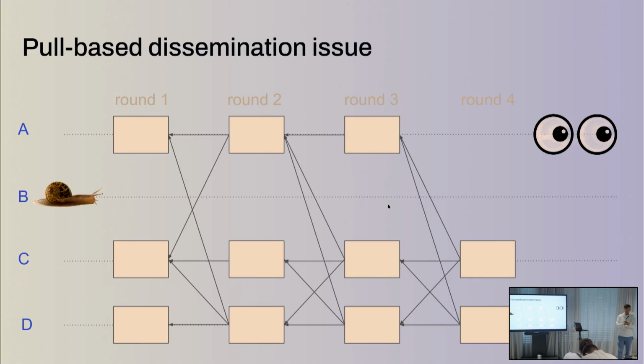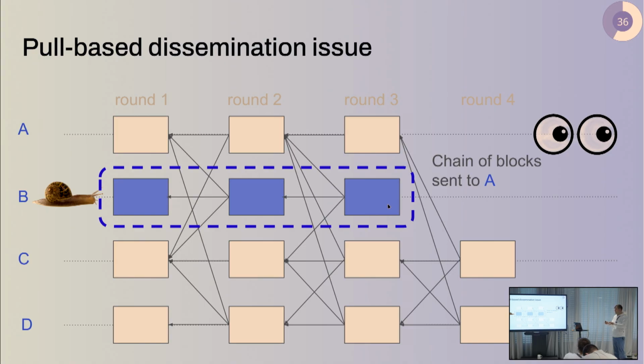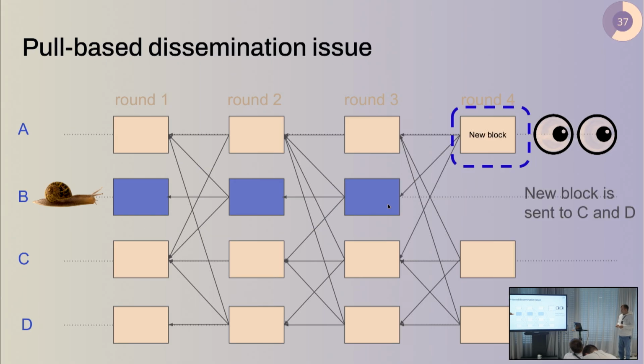If you have some slow validator who creates its blocks, every block that it creates is valid, but for some reason it sends these blocks, say, only to validator A. Then validator A creates its block and references this slow chain that is not yet disseminated to anybody else. And I'm again playing validator A, and I'm thinking, okay, I think my block is valid, let's send it to validators C and D.